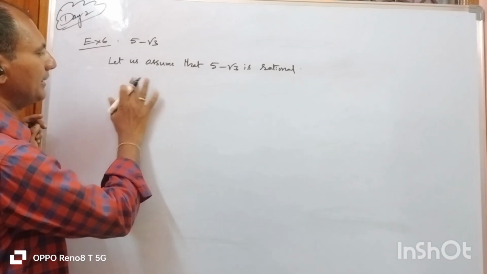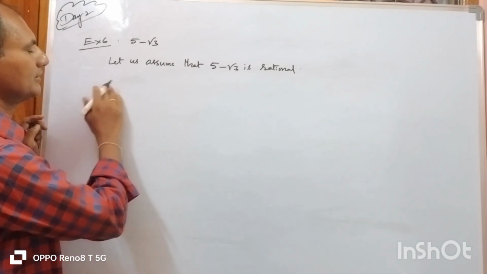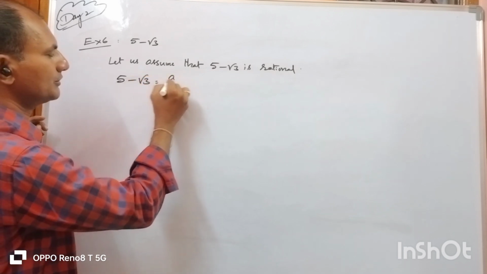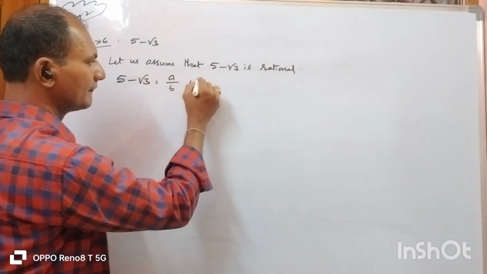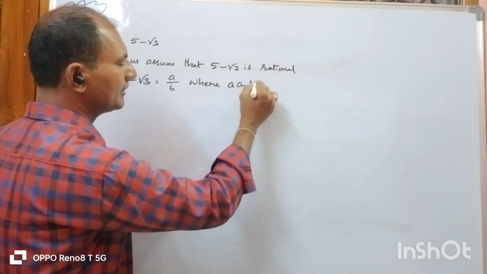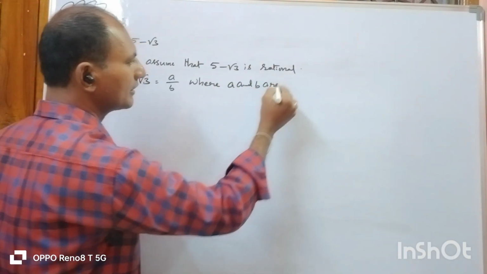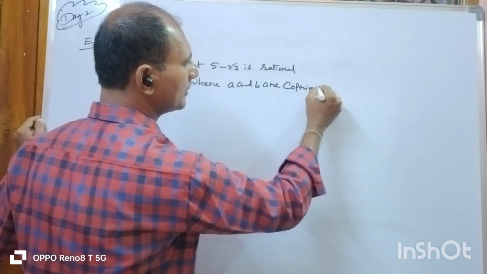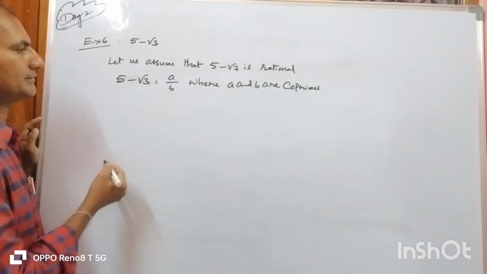So 5 minus root 3 equals a by b, where a and b are co-primes.